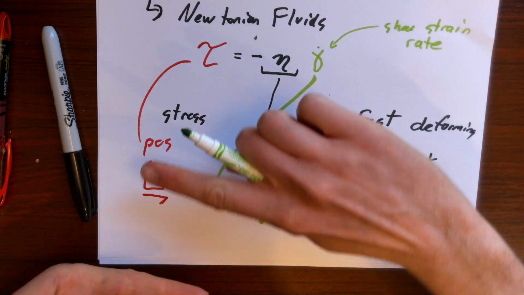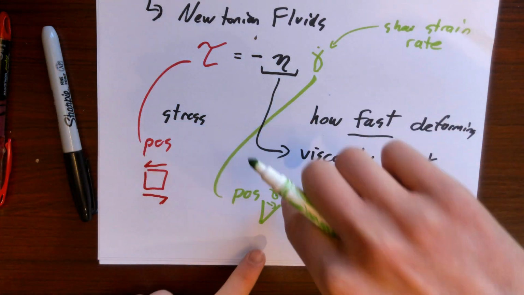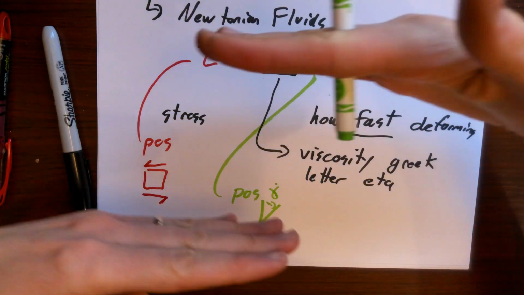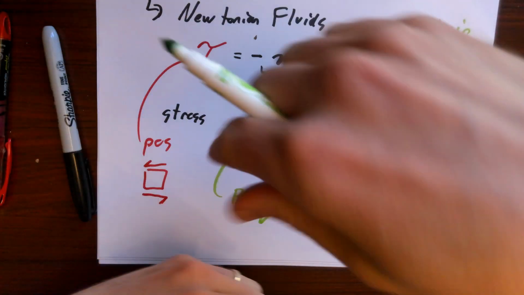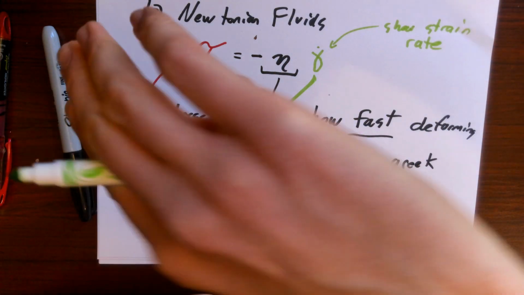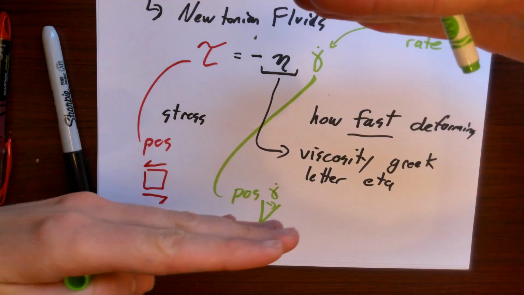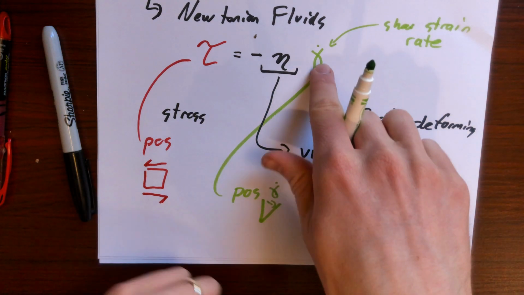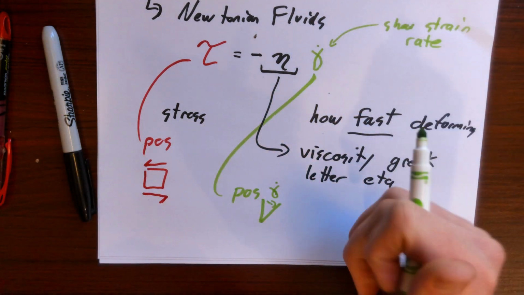And positive shear stress would result in negative shear strain, right? Because if you apply forces like this, then it's going to rotate in a negative direction. Or vice versa, right?